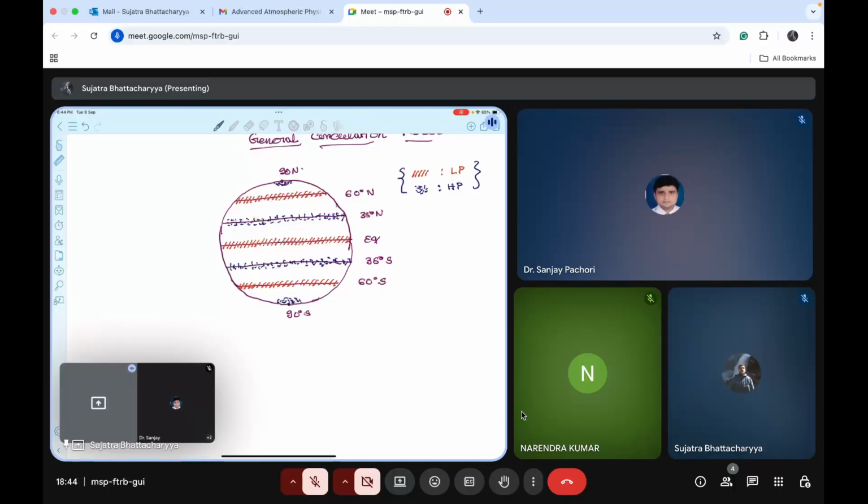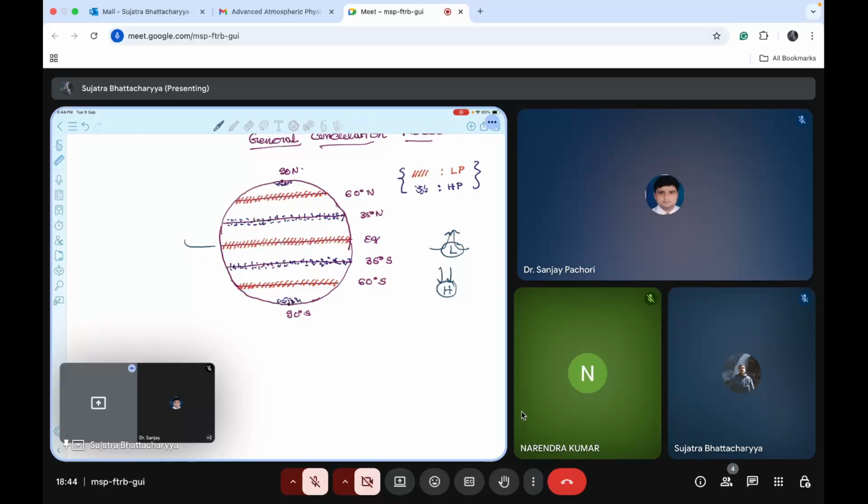Now, if this is the pressure pattern, where you have low near the equator and at 60 degrees north and 60 degrees south, then how will the circulations look? We know that wherever there is a low pressure region, there is an ascending motion, and where there is a high pressure region, there is a descending motion. So simply based on that, we can make the direction of the winds something like this.